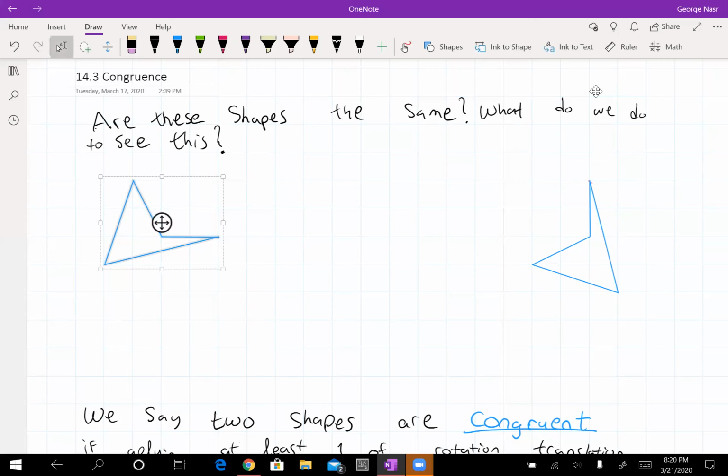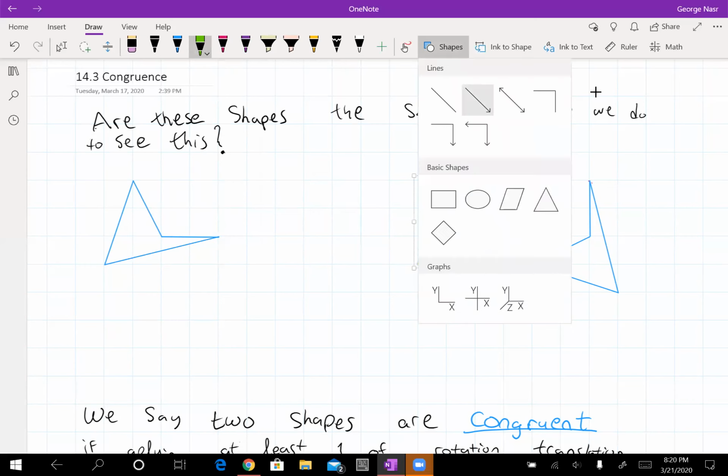Let me start by making a duplicate of this shape. And I'll change the color. So it starts here, right? That's where the shape starts. So here's how I'm going to do it. I'm going to shift it over to the right. And now it lands there. So what did we do to do that?